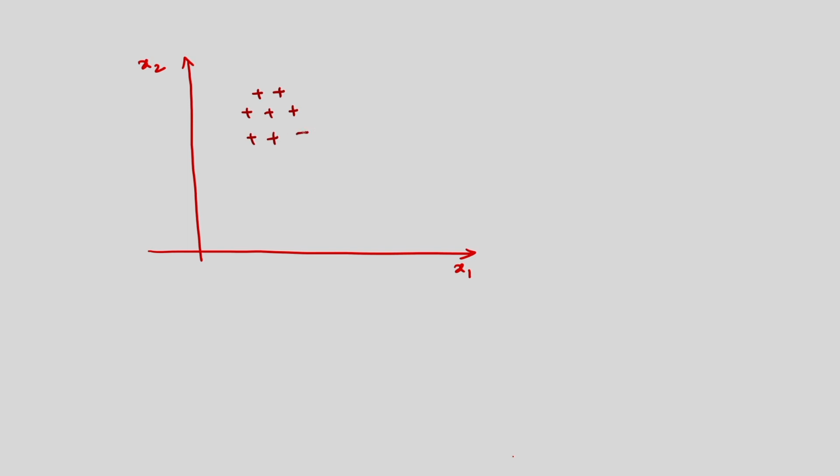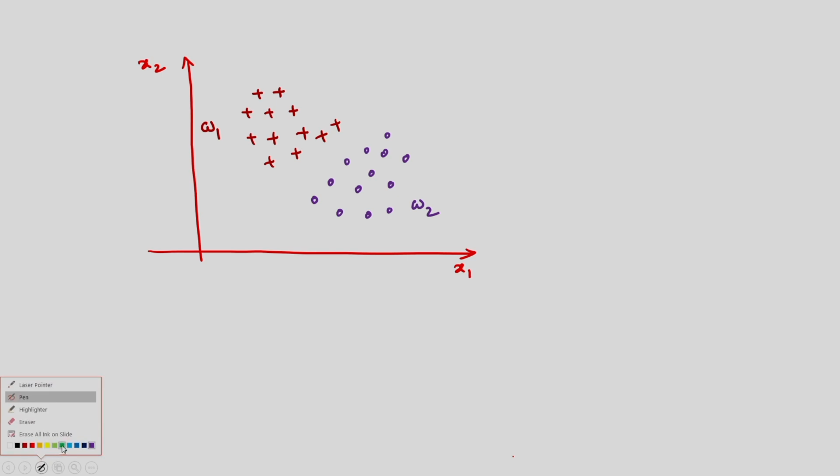So these are the samples belonging to the class omega 1, and I have some samples belonging to another class omega 2. So these are the samples for the class omega 2, and I can draw a decision boundary between the classes. So this is the decision boundary between the classes.